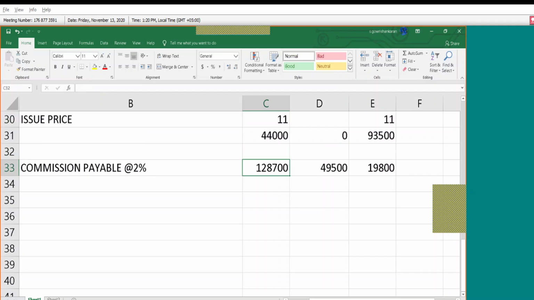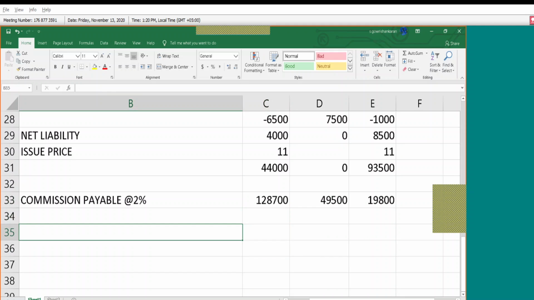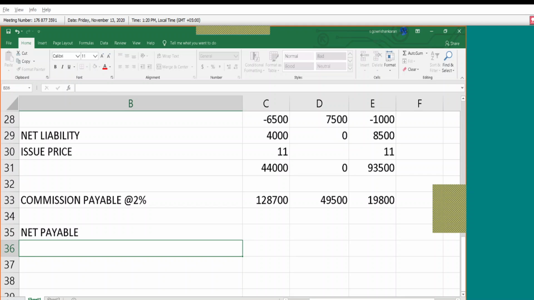Then this is what we have to receive. Receivable is this much, payable is this much. Ultimately we find the net payable by the company or net receivable to the company.